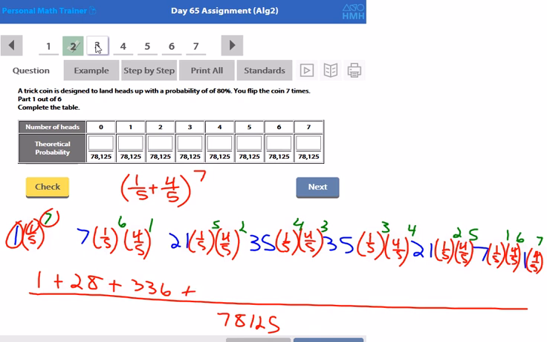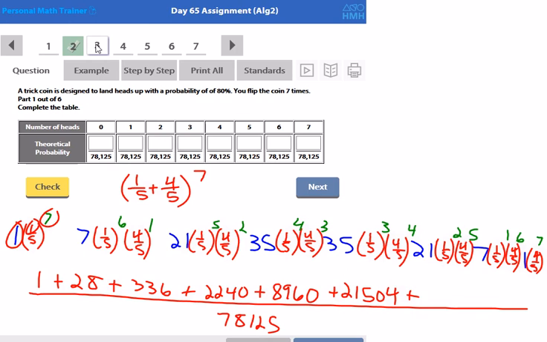Plus the next one, 4 to the 3rd times 35 is 2240. Plus 4 to the 4th times 35, 8960. Then 4 to the 5th times 21 is 21,504.